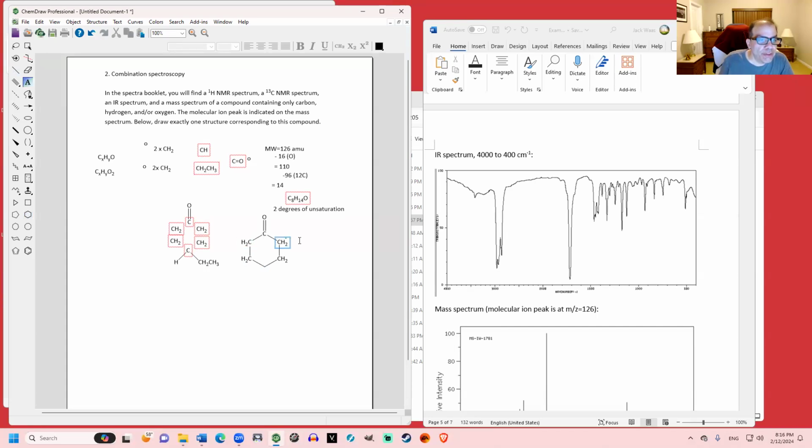These are two equivalent CH2s. These are two equivalent CH2s. And then you have a CH attached also to an ethyl group.